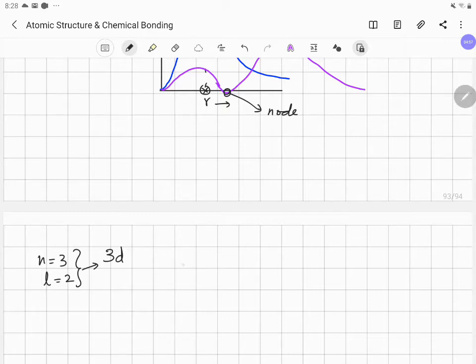In general, the number of nodes is n minus 3 for d orbitals. For 3d, n is 3, so 3 minus 3, there are no nodes. For 4d, it is 4 minus 3, that is 1 node, etc.